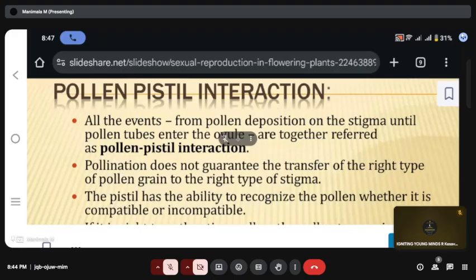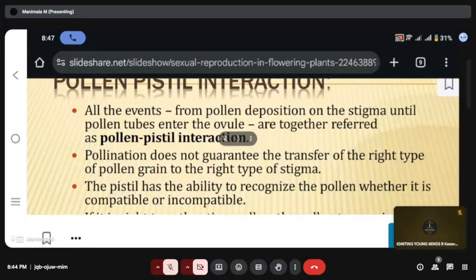Actually, in the pollination, நான் சொல்றேன். இந்த பாலினேஷன் all events up to now I told, wind pollination, biotic agent மூலமா, abiotic agent மூலமா பாலினேஷன் நடக்குதுன்னு we are continuously saying, right. ஆனா இது வந்து 100% இந்த ப்ராசஸ் நடக்குதா அப்படிங்கிறது it is a question mark only. ஓகே, ஸோ the pollination does not guarantee to transfer the right type of pollen, right type of pollen to the stigma of the plant.